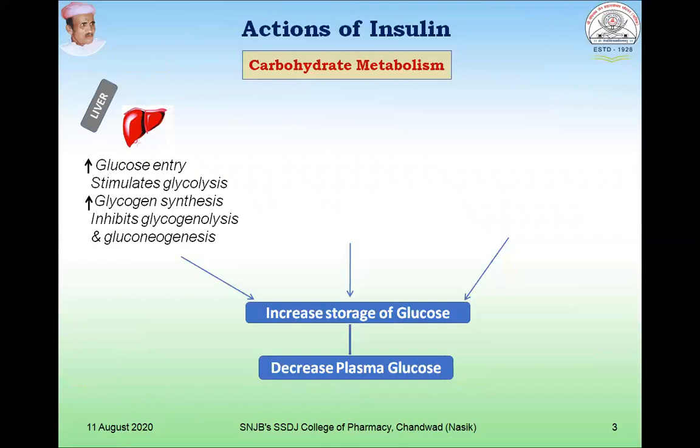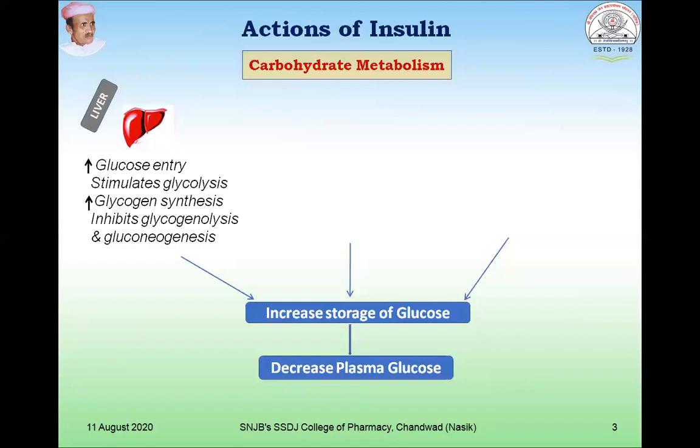Now, in the liver, insulin promotes glucose storage and prevents its production. It also facilitates glucose entry into the hepatic cell. It stimulates glucokinase enzyme, which facilitates phosphorylation of glucose to glucose 6 phosphate. It stimulates glycolysis. By this action, insulin converts glucose into pyruvate and lactic acid. Then it decreases the cellular concentration of glucose.